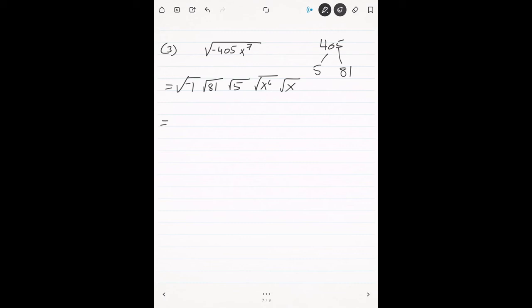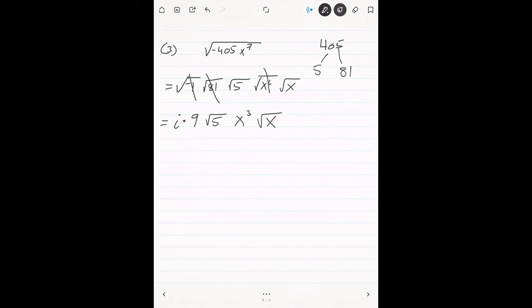So the square root of negative 1 is I, square root of 81 is 9. The square root of 5 doesn't simplify, but the square root of x to the 6th simplifies to x to the 3rd, and the square root of x just is left by itself. Again, pause the video if you're right here and make sure you understand how to write the final answer.